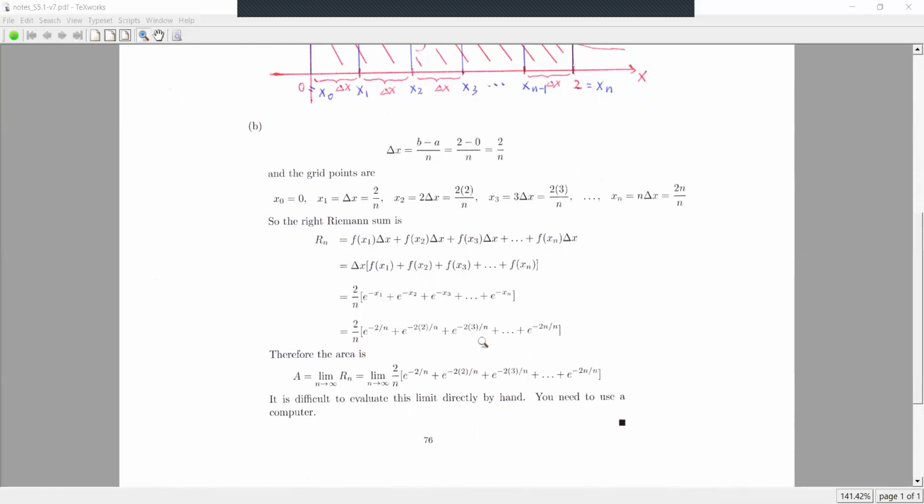Plug in this sum for Rn, then we get this equation. This is the answer to this example. To get this limit by hand is impossible. Then how to get this limit? You need to use a computer if you want to find the limit.